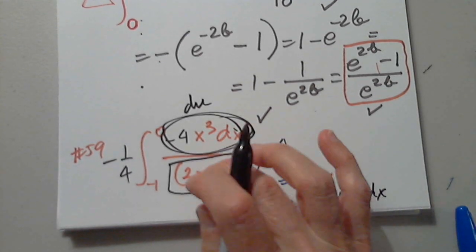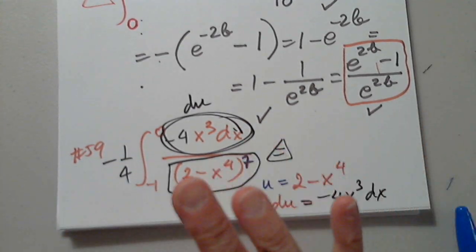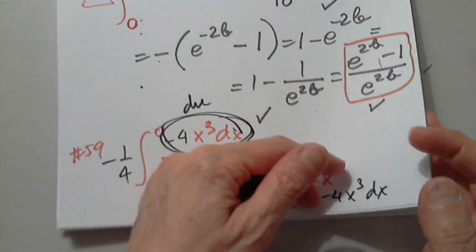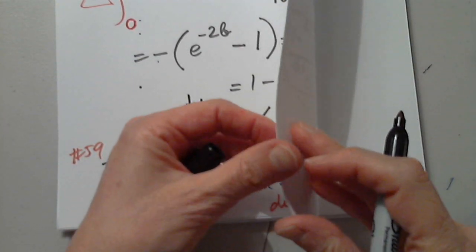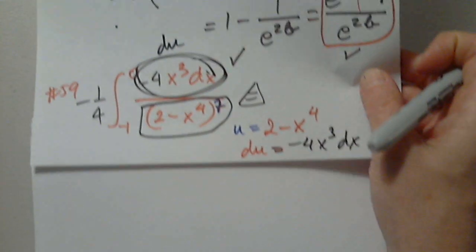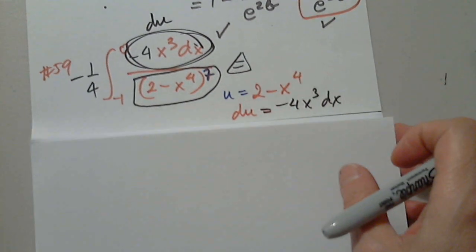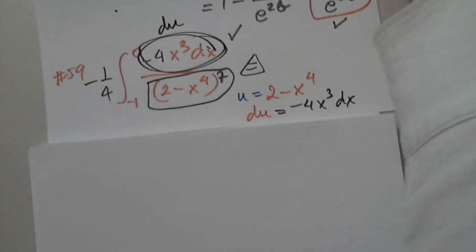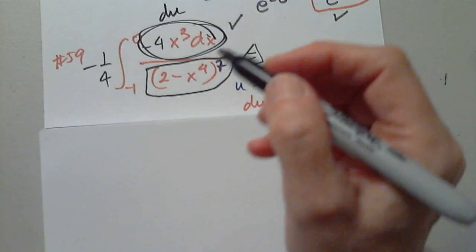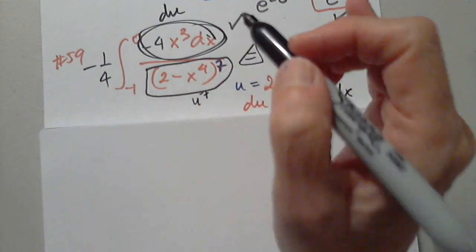When I move from x to u, everything has to be accounted for. I cannot carry any x's with me. They're done and over with. They're not coming over for dinner. They're gone. U to the 7th power.